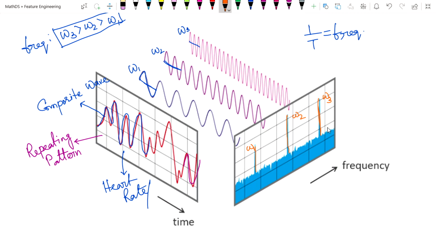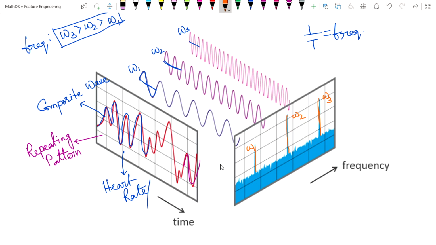The beauty of Fourier decomposition is that it helps us decompose a complex or composite wave into a composite form of different waves whose properties we can easily visualize and understand. That's the main advantage of Fourier decomposition.